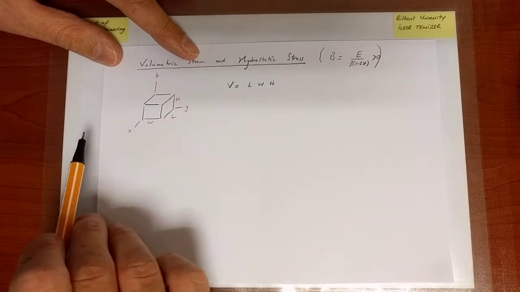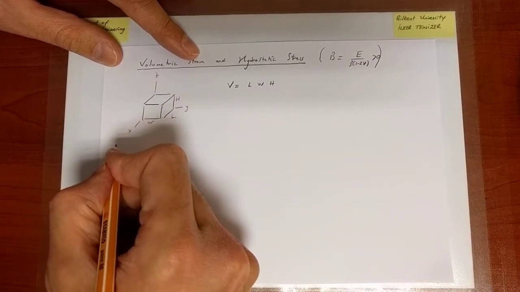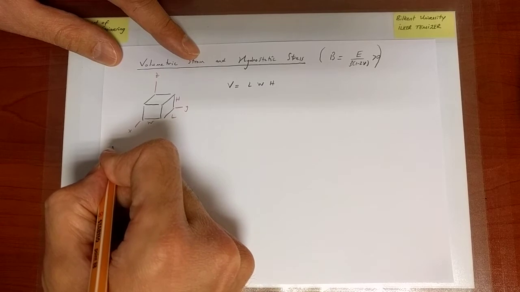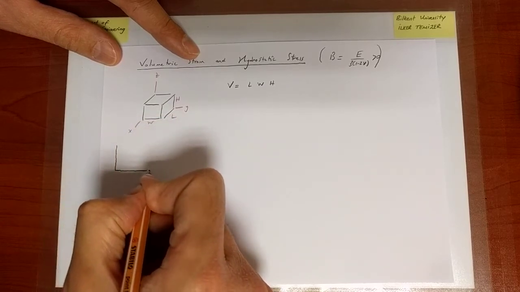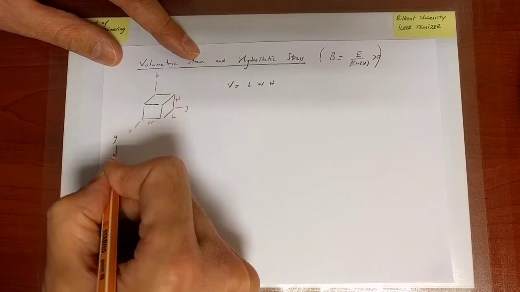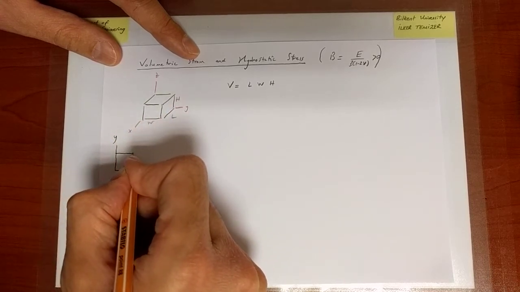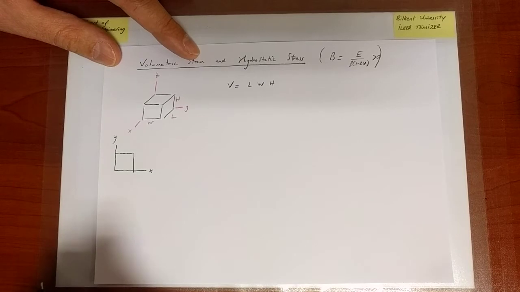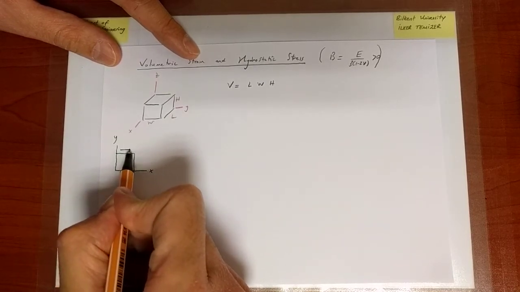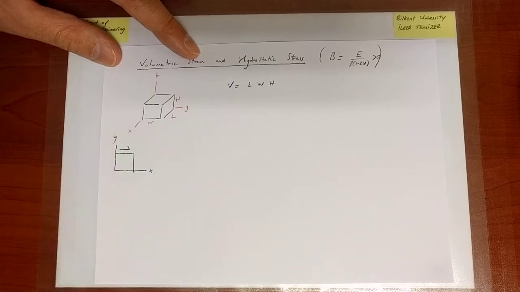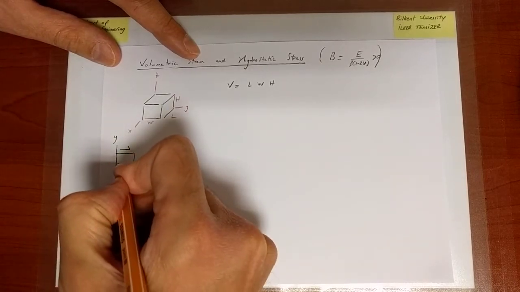But remember that if I impose a shear force, which I can depict in a two-dimensional setting, suppose I have here x and that's y, and this is an original, say in 2D, a plate, and now I apply a shear force on that thin plate, it is going to deform to a new shape.